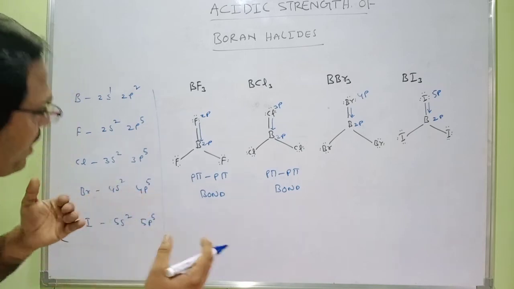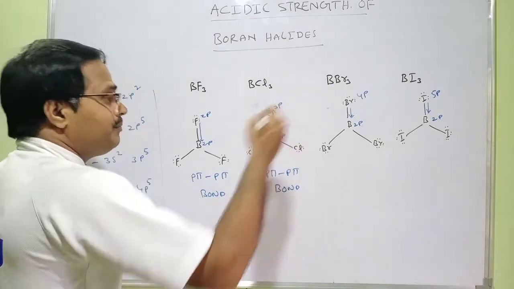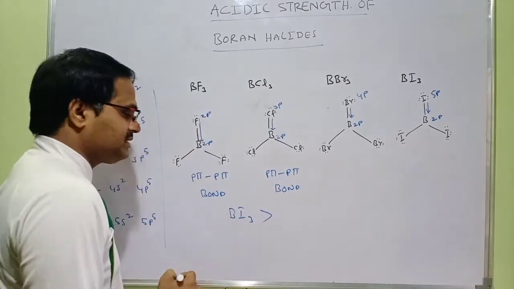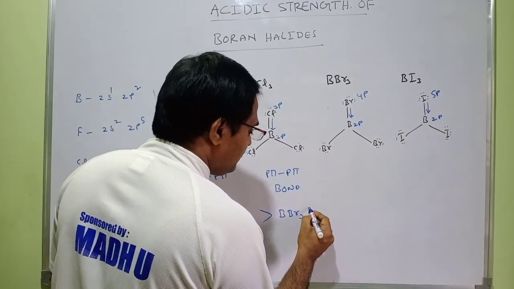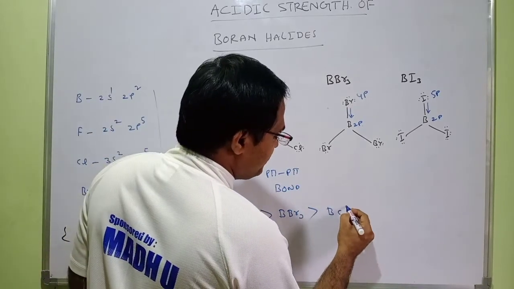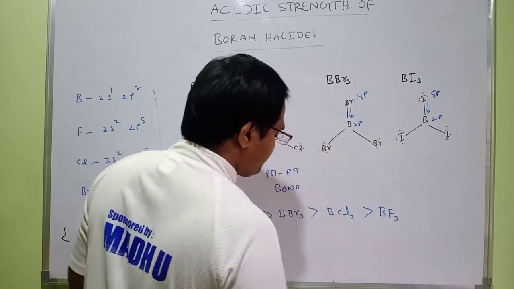Understand? So now how do you arrange the acidic strength of these halides? BI3 is a strong Lewis acid. Then BBr3. Then BCl3, which is a stronger acid than BF3.